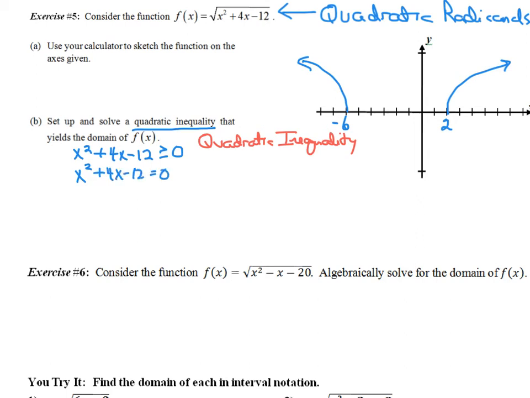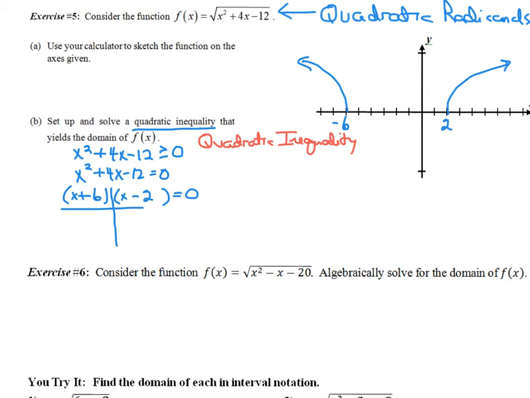This quadratic happens to be factorable, so look for your add, multiply. So I've got x times x. I want to add to get 4 and multiply to get -12. So that gives me x plus 6 and x minus 2 equals 0. Factoring quadratics like this should be pretty easy for us by now.